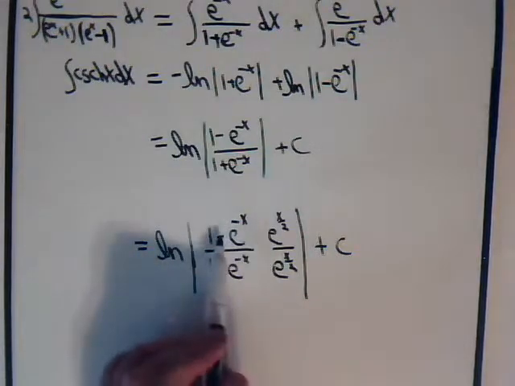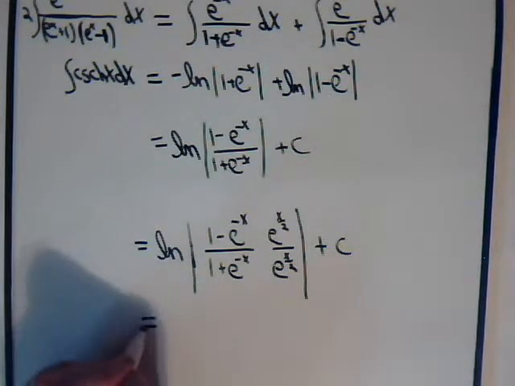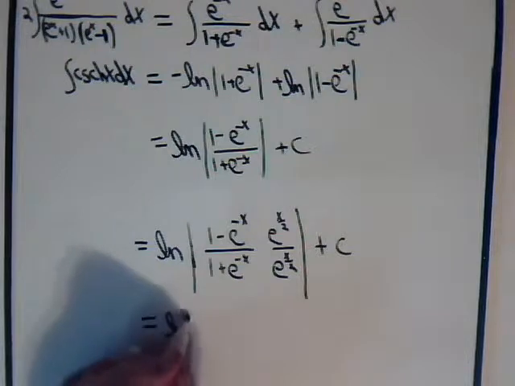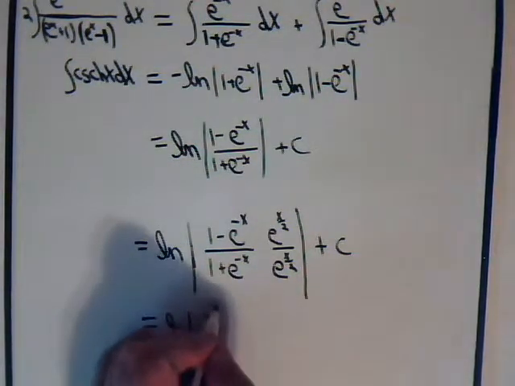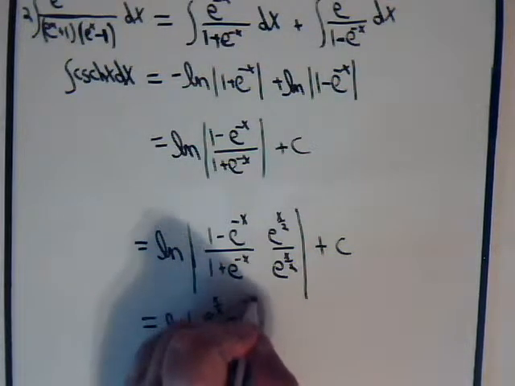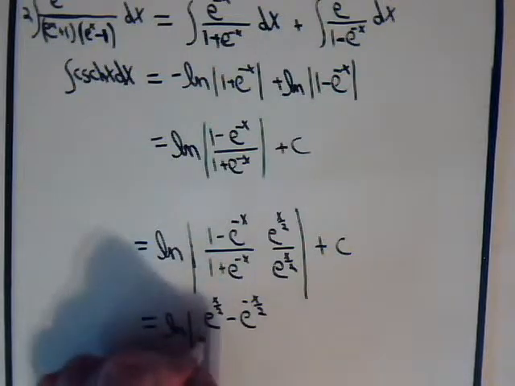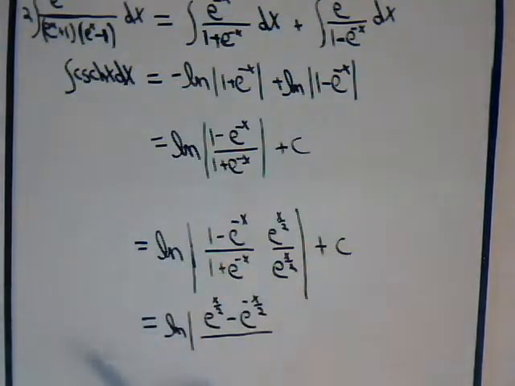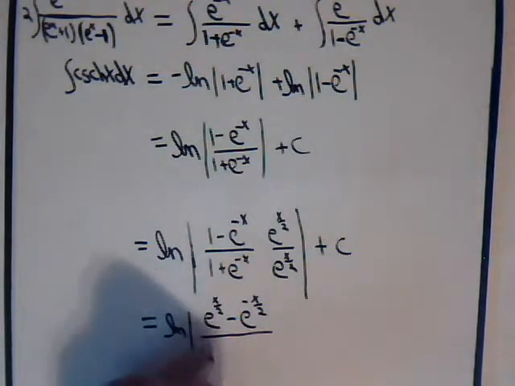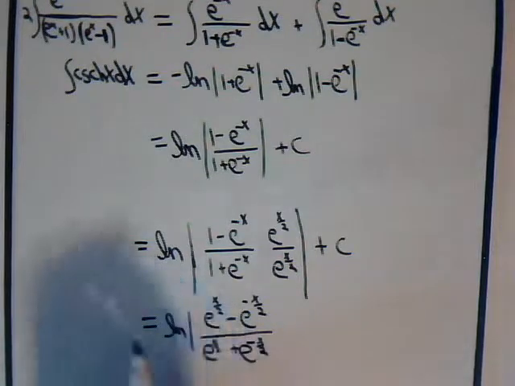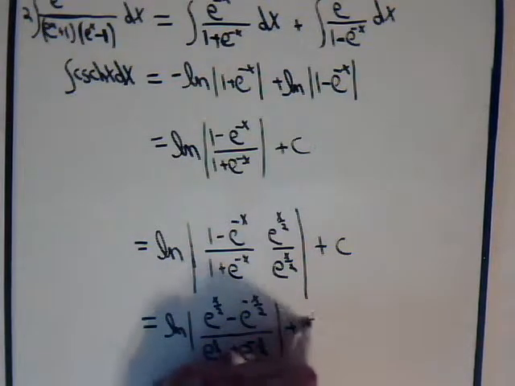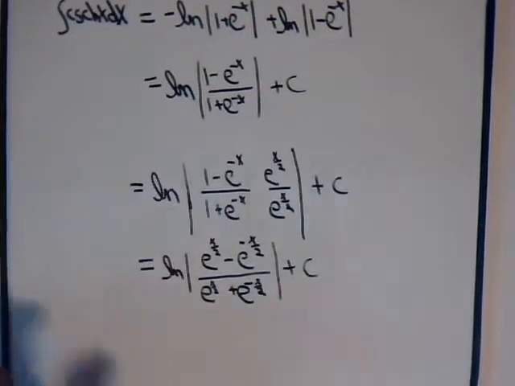Now multiplying across, this will equal the natural log of e to the x over 2 subtract e to the minus x over 2, and then down here, e to the x over 2 plus e to the minus x over 2, plus an arbitrary constant.